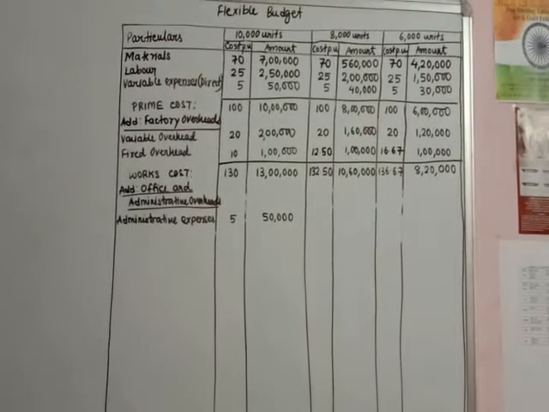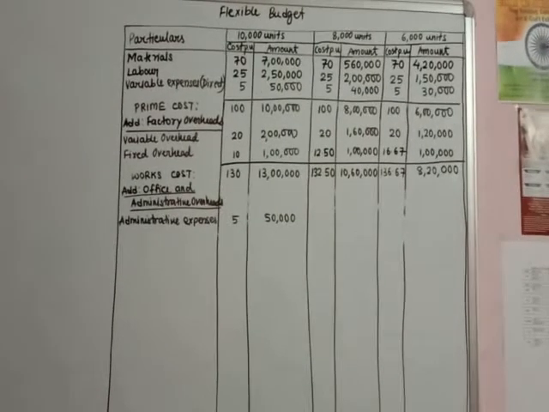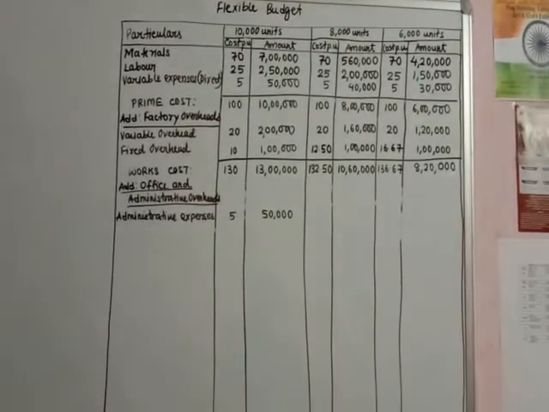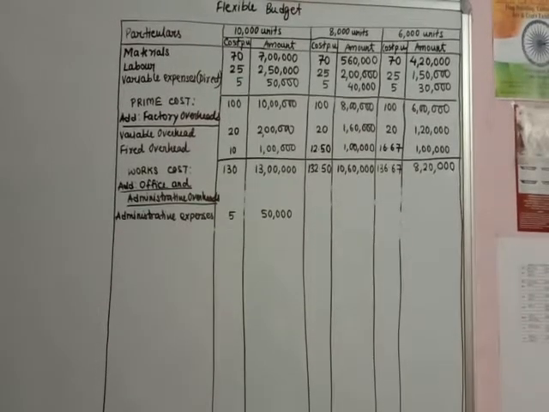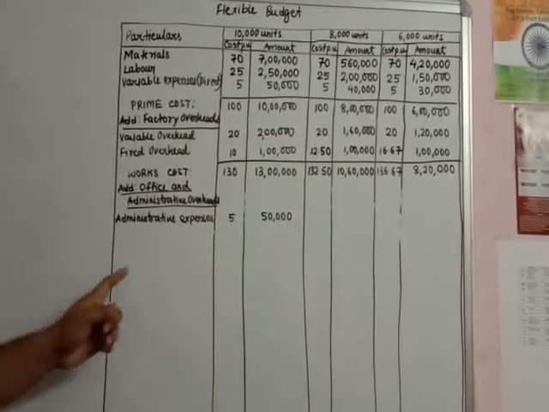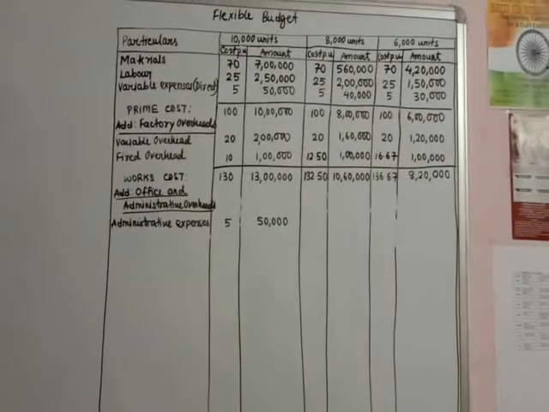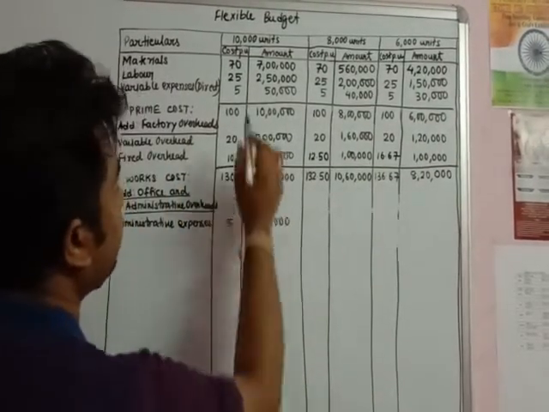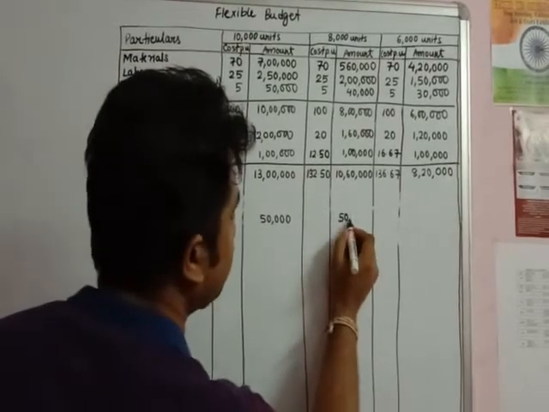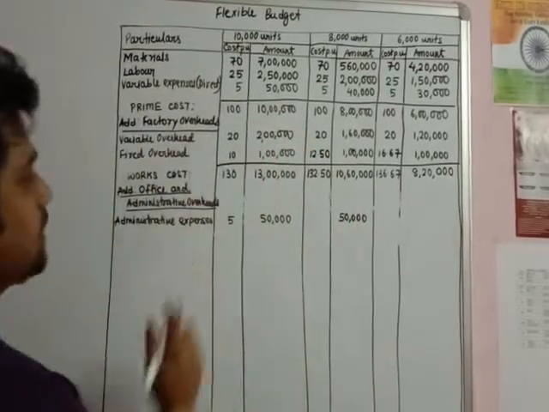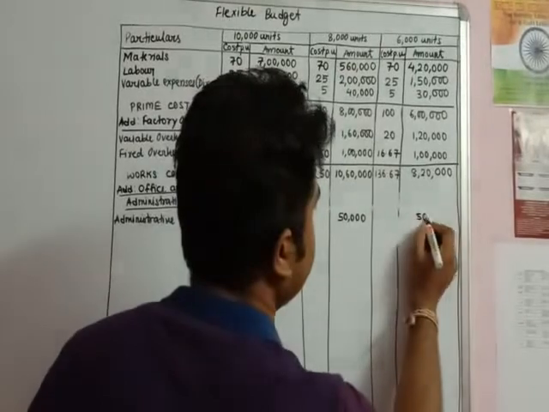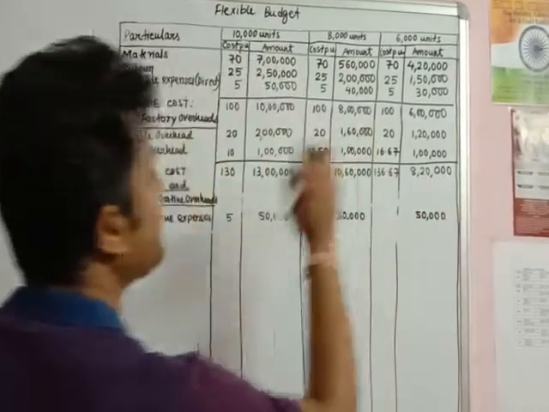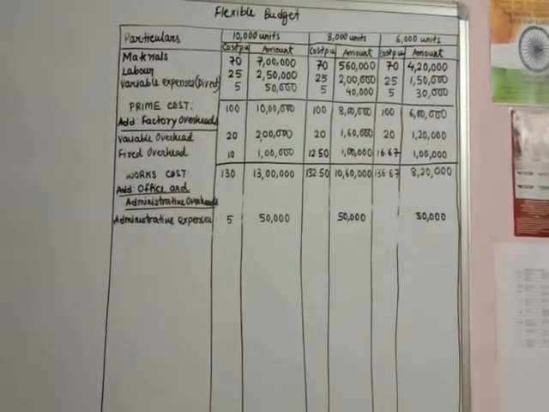Now here you will find that it has been given specifically within brackets that the administrative expenses amount to ₹50,000. So it indicates that administrative expenses are fixed. So 50,000 will remain fixed at all levels of production: 50,000 at 10,000 units, 50,000 at 8,000 units, 50,000 at 6,000 units of production.